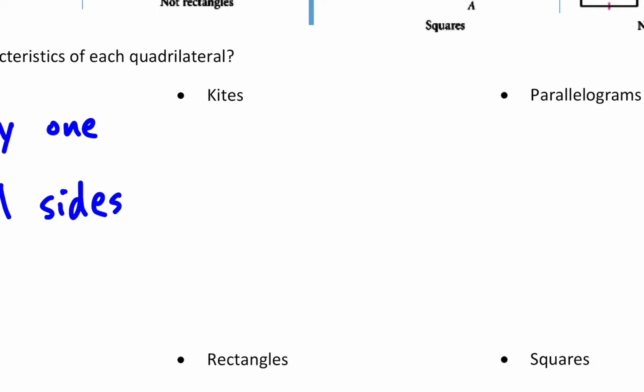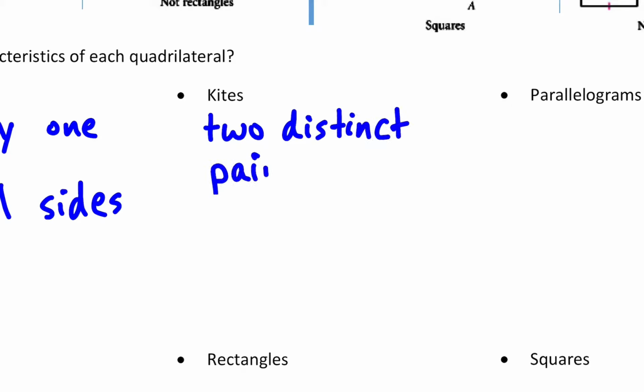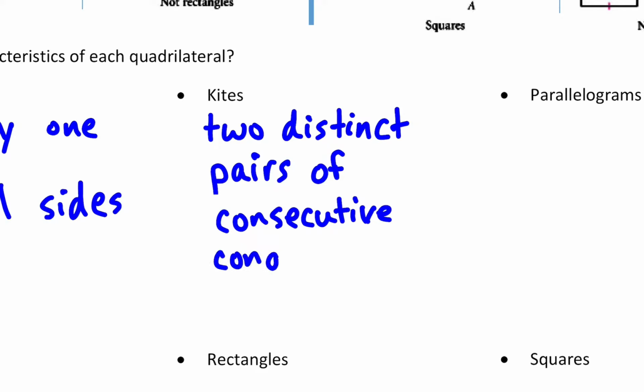So a kite is a quadrilateral with two distinct pairs of consecutive, so they're in a row, they share an angle, congruent sides.